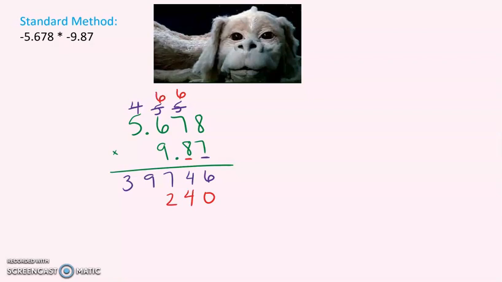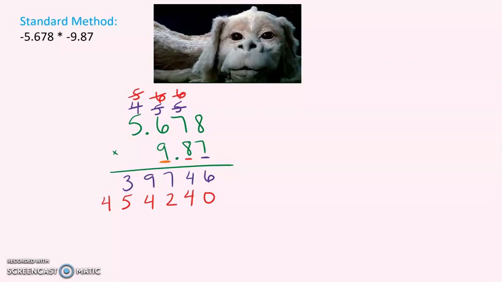Carry that 6. 8 times 6 is 48, plus 6 more is 54. And 8 times 5 is 40, plus 5 more is 45. Again, I'm going to cross these out so that I don't get confused with them later.